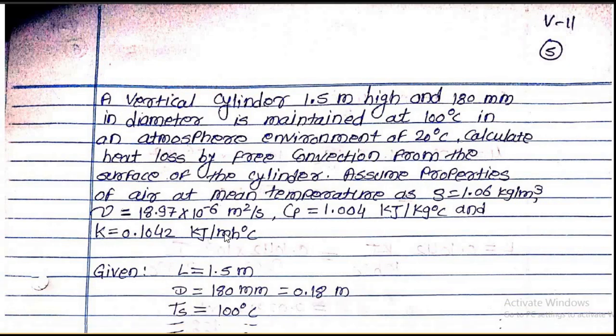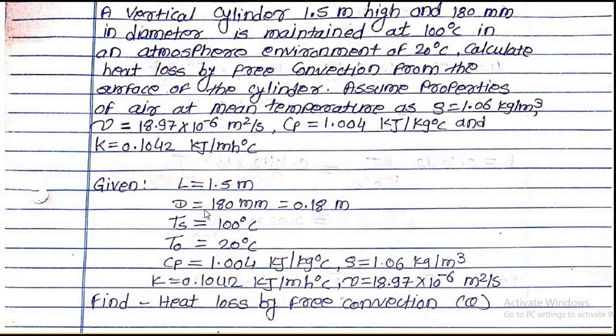Now the given data: the length of the cylinder is 1.5 meter, and the diameter of the cylinder is 180 mm, equal to 0.18 meter. The surface temperature of the cylinder is 100 degrees Celsius and the fluid temperature, which is flowing over the cylinder, is 20 degrees Celsius.